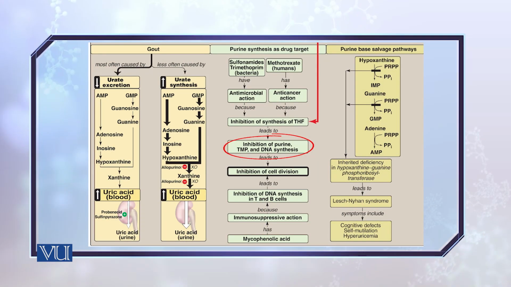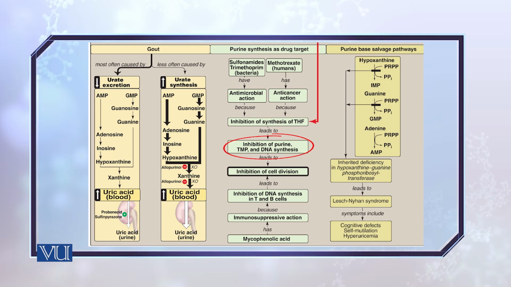You already have, for instance, DNA or RNA, which undergoes degradation, and this gives rise to different nitrogenous bases. These nitrogenous bases can then be used for the formation of nucleotides like IMP, GMP, AMP, and so on.